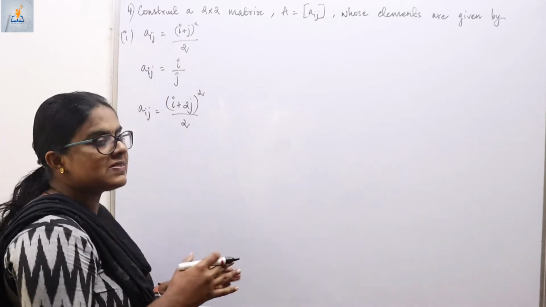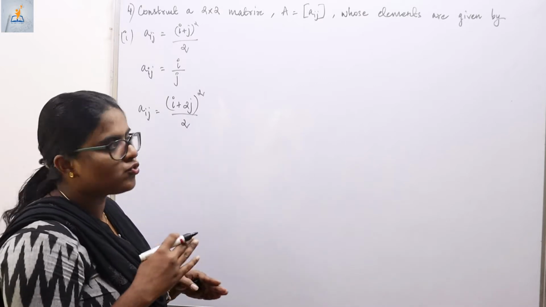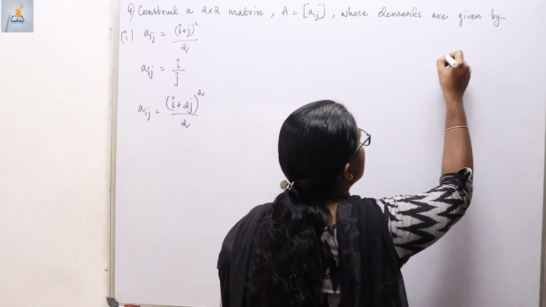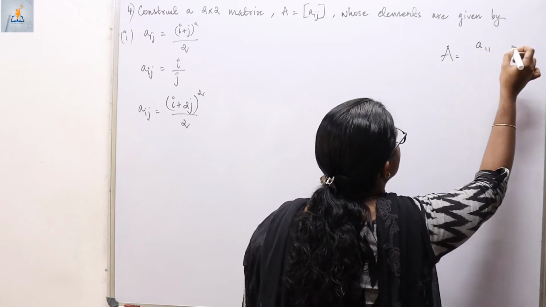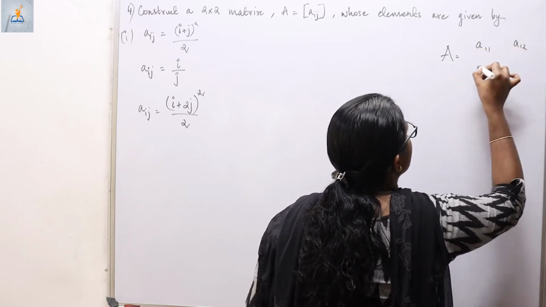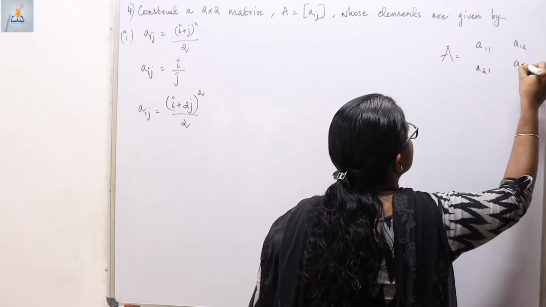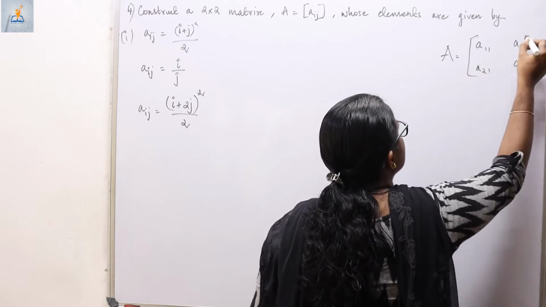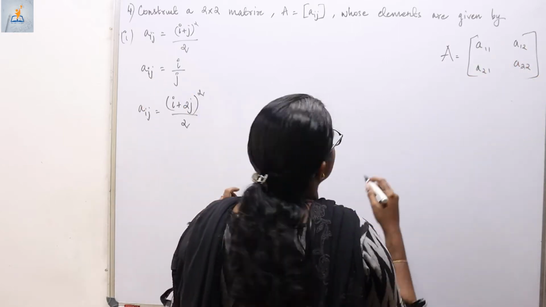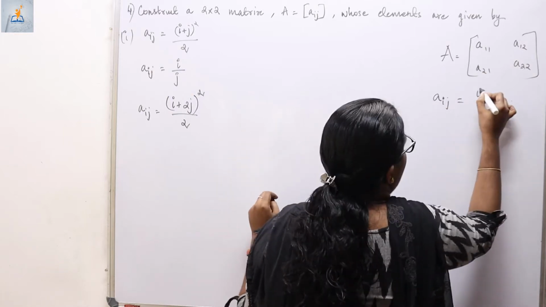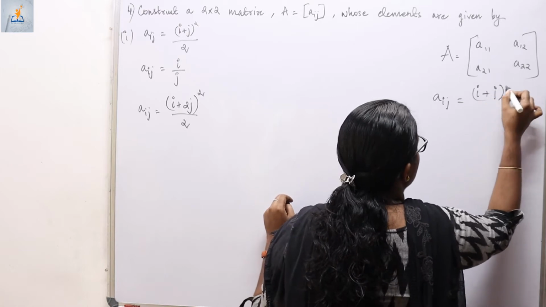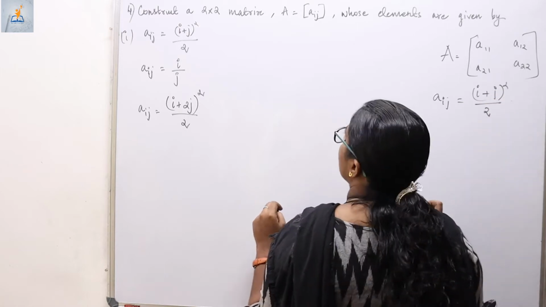What is the general form of a 2 by 2 matrix? The general form of a 2 by 2 matrix is like this: a11, a12, a21 and a22. And in the first question it is given that aij = (i + j)² / 2.